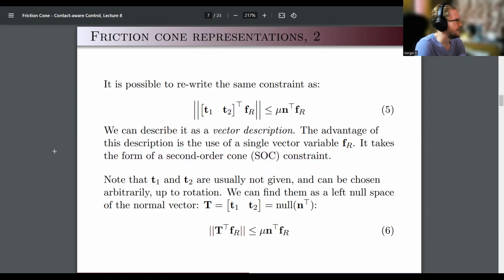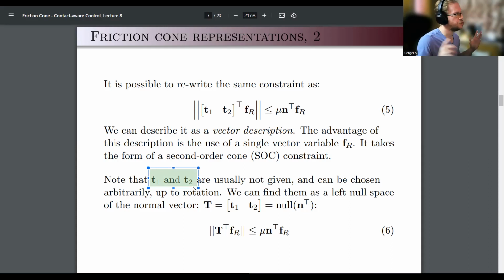Now, there is one thing that you have to take into account. T1 and T2 would usually not be given to you; the problem would not contain them. N can be naturally recovered from the surface. You have a surface in some kind of representation.